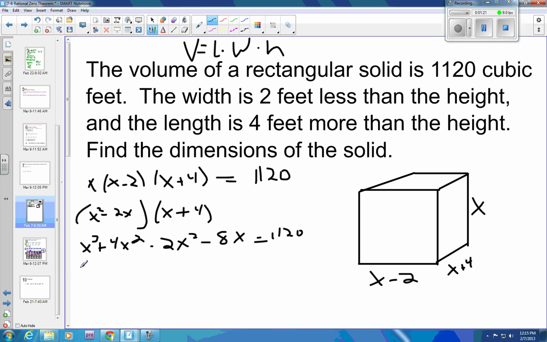Subtract that from the other side and combine like terms. We get x cubed plus 2x squared minus 8x minus 1120 is equal to 0.